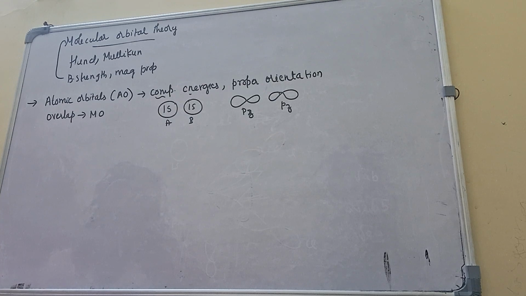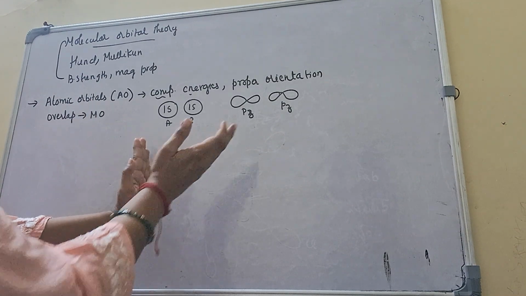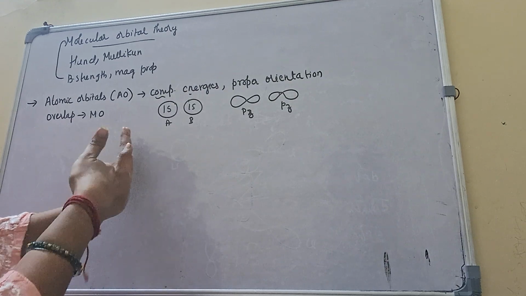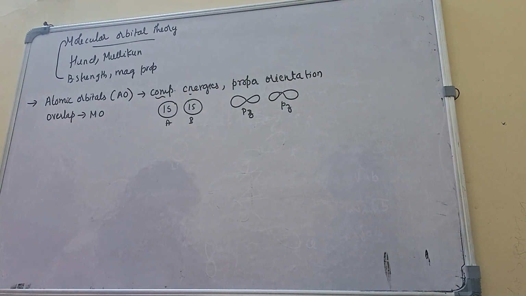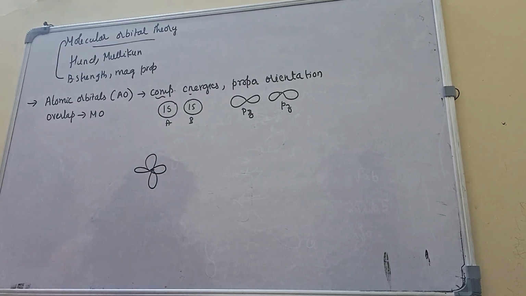But orientation also matters, which means px and py, even if they overlap, it is not leading to bond formation. We have already studied this. px is like this, py is like this. How will they overlap? The plane is not allowing it.